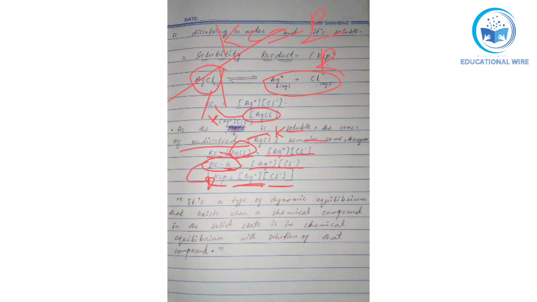Now a simple definition, to understand it: it is a type of dynamic equilibrium that exists when a chemical compound in the solid state is in chemical equilibrium with a solution of that compound. AgCl was in the solid state. It was dissolving in water, so it was in chemical equilibrium, and we also have a solution of that compound.